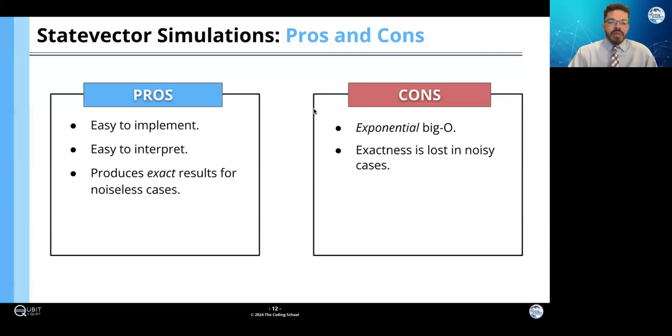That exactness that we're so excited about, that's so cool that you can get out of a state vector simulation? Well, if you have a noisy case, which we absolutely will, that exactness is lost. And so it's almost like you're paying a premium to get an exact result that you're not going to be able to realize physically anyway.